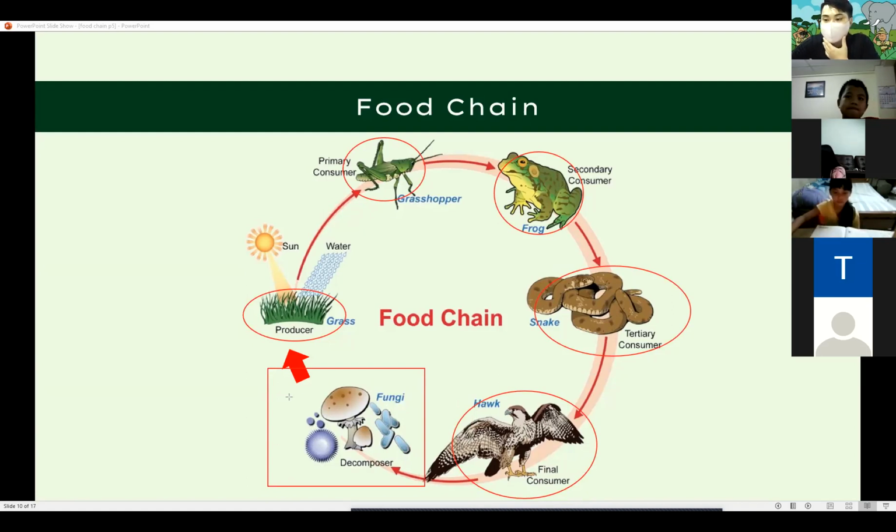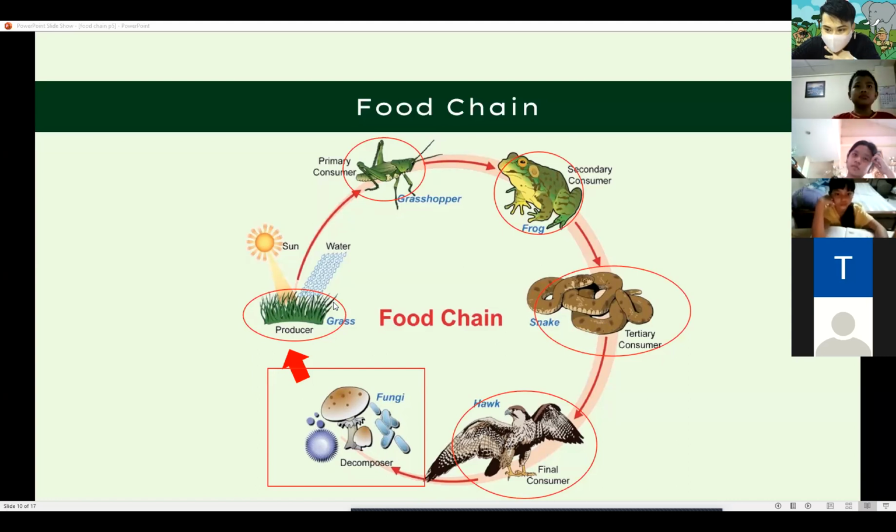It can be the last or the starting, the end or the starting of the food chain. Because, like this, if these animals died, if the plants died, they will be eaten by the decomposer. You understand? Yes. So if they die, it will turn into decomposer or waste material that can help make another producer.